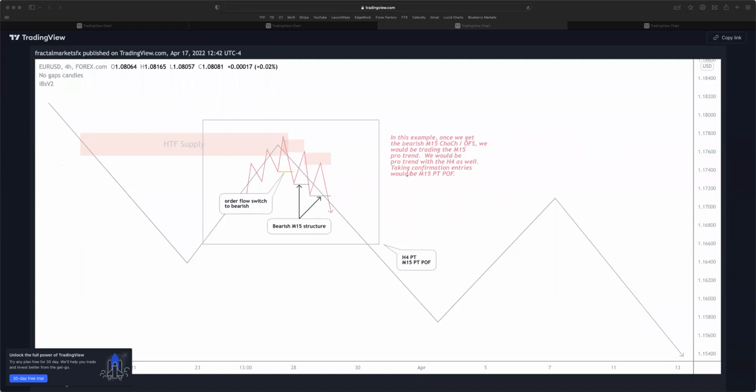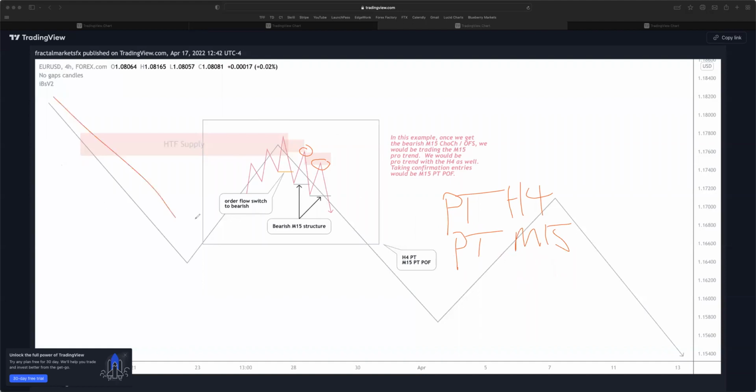If we were to take sells here, or if we were to take sells here, we would be pro trend with the H4, and we would be pro trend with the M15, and we would be pro order flow on both. Everybody understand?